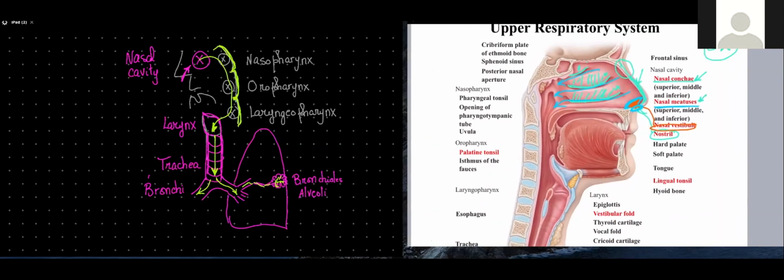This takes us to the part of the pharynx located behind the nasal cavity. This is going to be my nasopharynx. All this is my nasopharynx. In the nasopharynx, I can see here a tonsil.